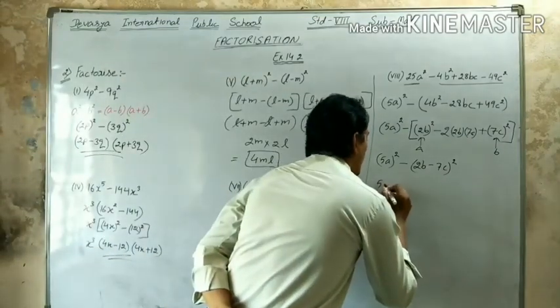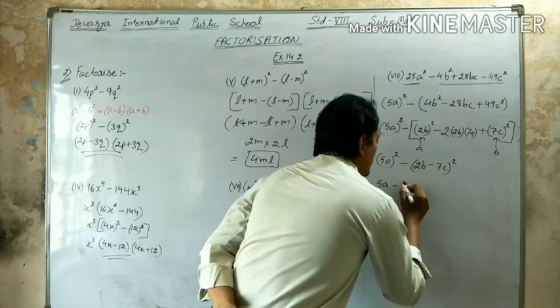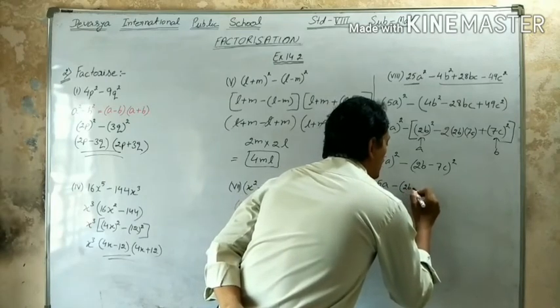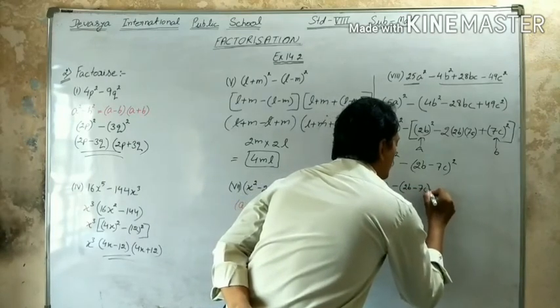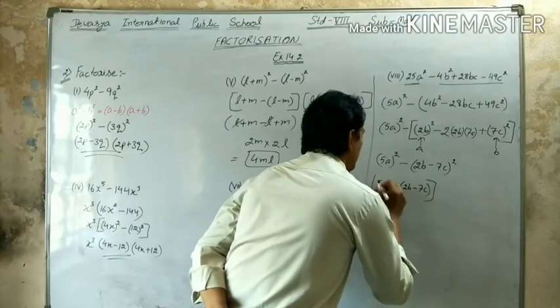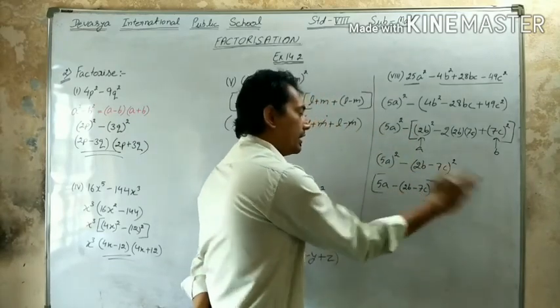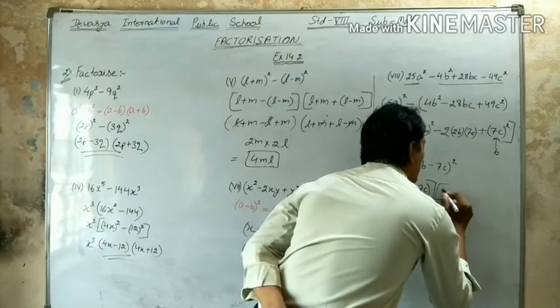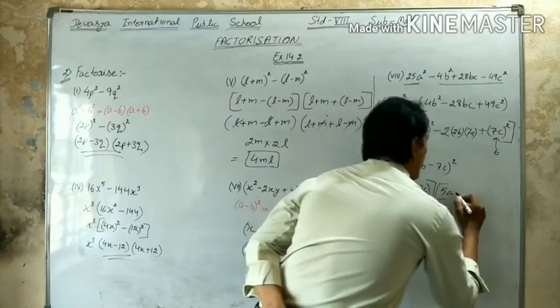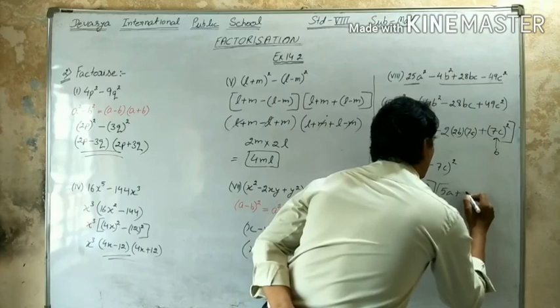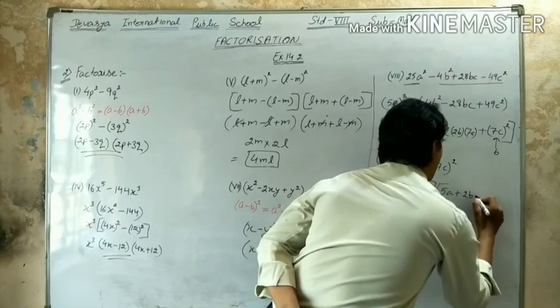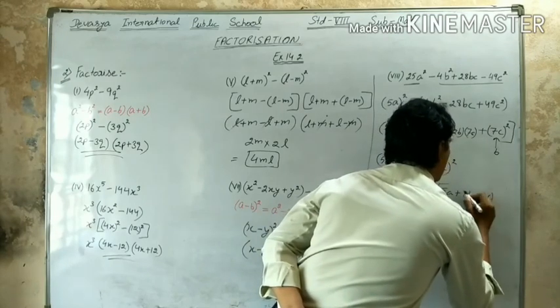So 5a minus 2b minus 7c, and again one time we are putting minus and second time plus, so 5a plus 2b minus 7c.